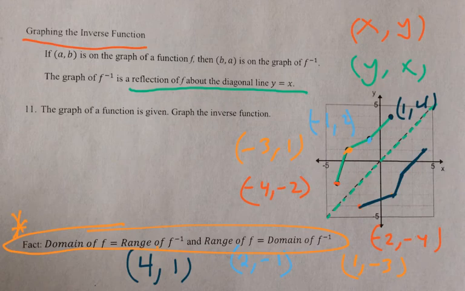That should make sense because your x's, which represent your domain, become your y's in your inverse, and your range, your y's in your function, become your x values in your inverse. And so the range becomes the domain of the inverse, and the domain of the function becomes the range of the inverse.